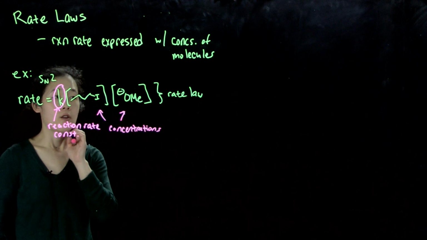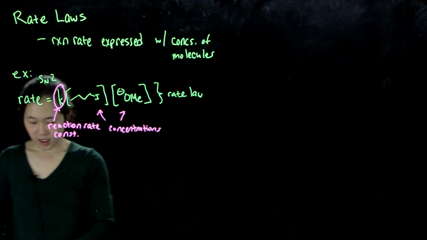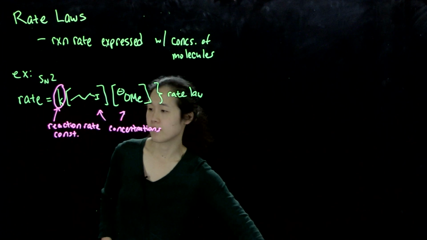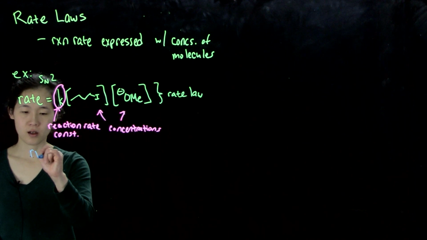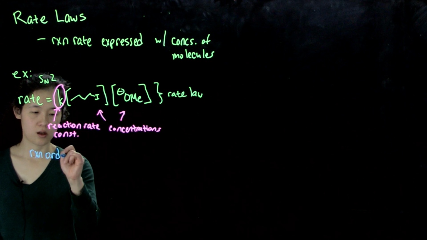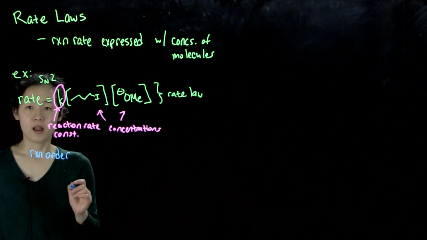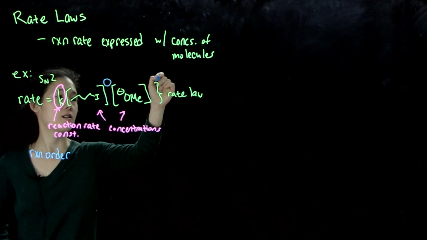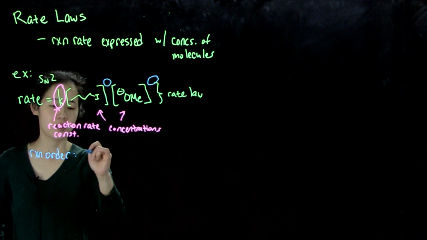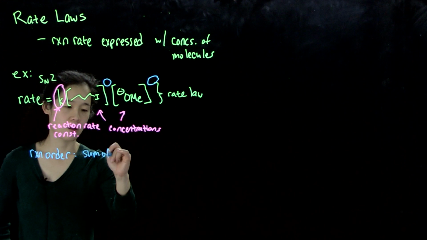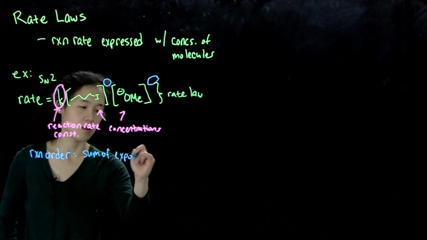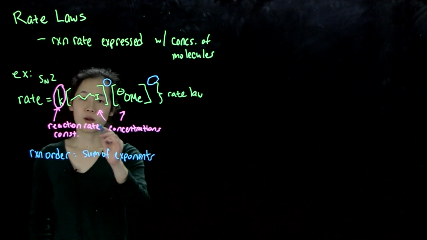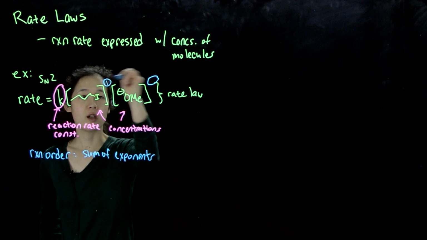And then the order of the rate law is related to how many things are reacting. So the reaction order is basically the sum of exponents. In this case, the exponents for these two concentrations are both 1.